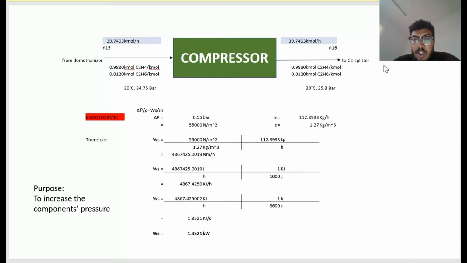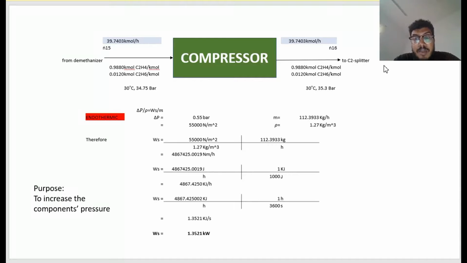Now we get the second parameter, which is the mass flow rate. We change the mole flow rate: we multiply the mole fraction times the mole flow rate, and then multiply by the molecular weight to get the mass flow rate of each, and then we add them all together to have the total mass flow rate.